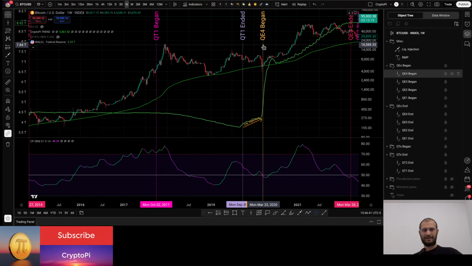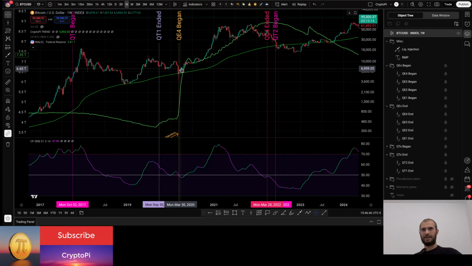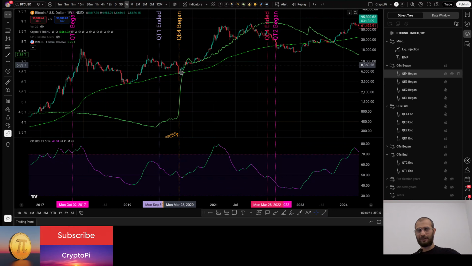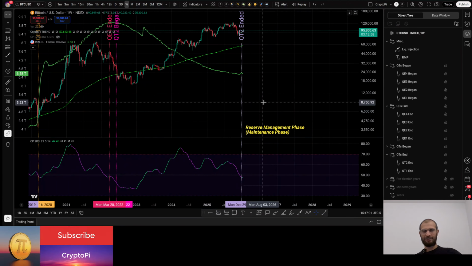QE really began after March of 2020, and probably it took a couple of months before the money came in. I think in this case it might be different because the corona crash was so severe, probably things got speeded up. But otherwise, in 2025, 2026, QT has ended, but QE has not officially begun.